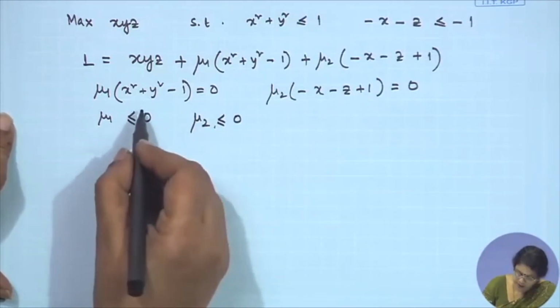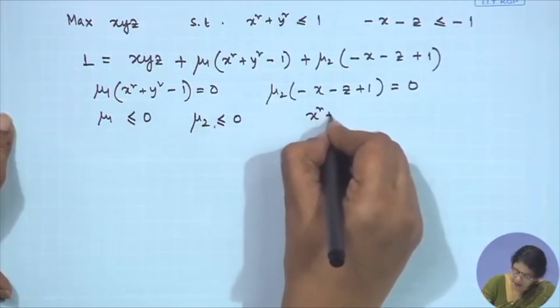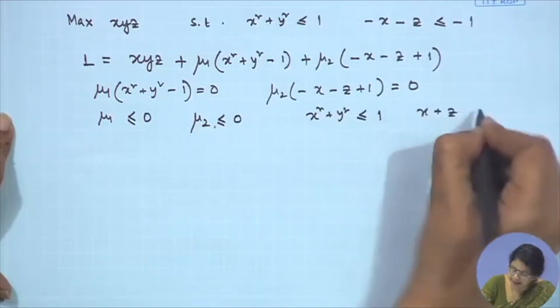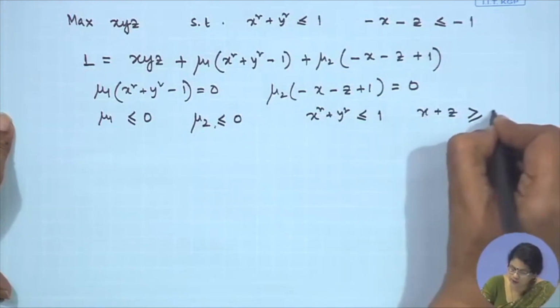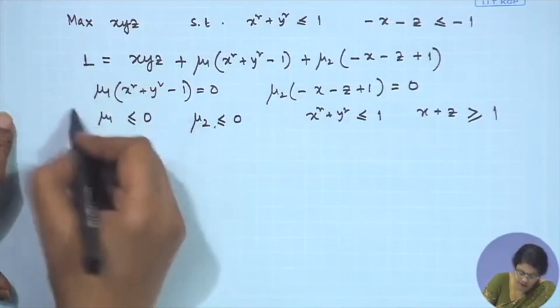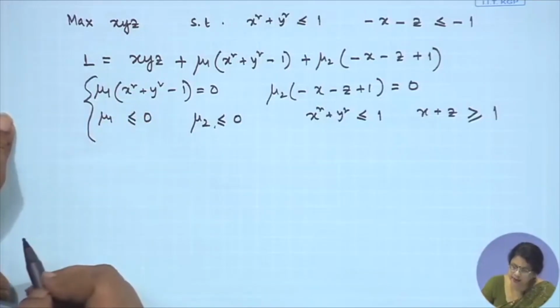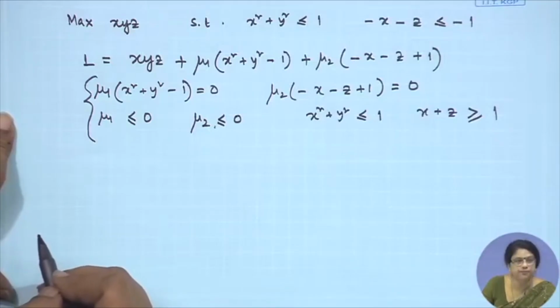Okay. What else can we have? We can have x square plus y square less than or equal to 1 and x plus z greater than or equal to 1. These are all the KKT conditions for us. Anything else I left? No, it is okay.